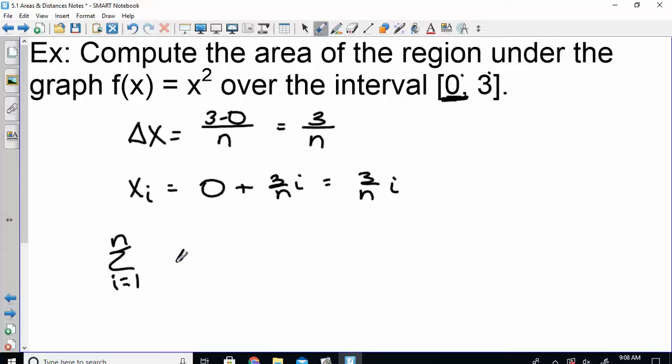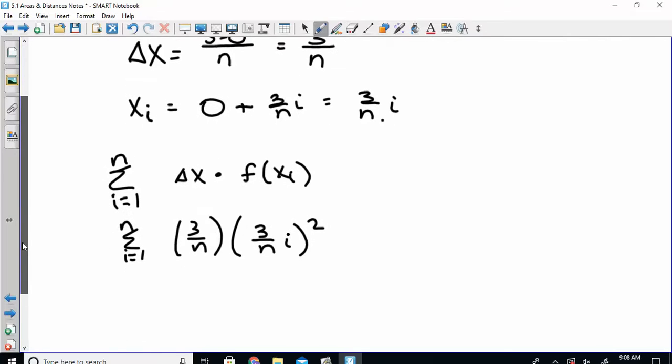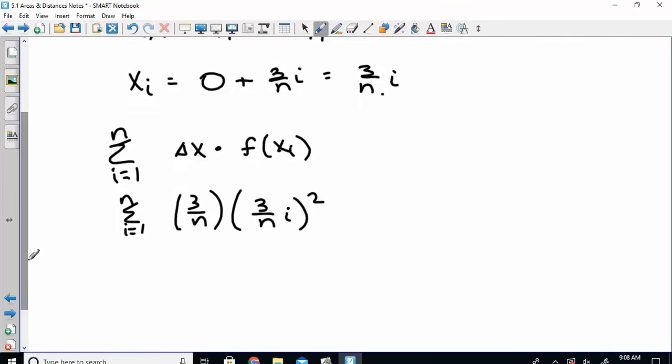Length times width. Your width is just going to be your change in x. Your length is what you get when you plug that x sub i into your equation. So my change in x is 3 over n. If I take 3 over n i and plug it into my equation, I get 3 over n times i squared.